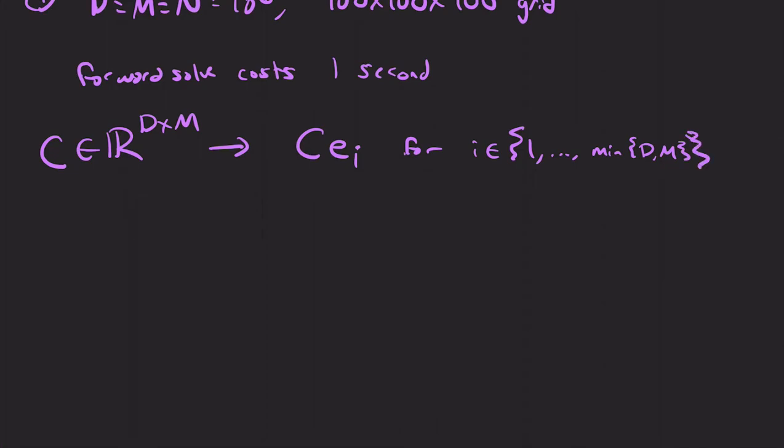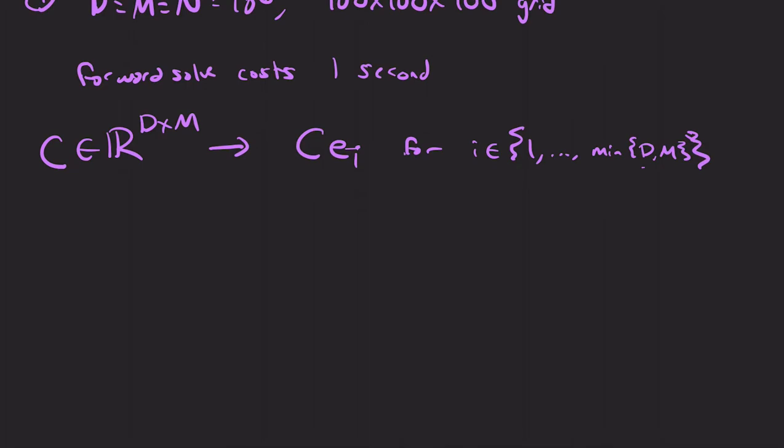Because let's say that M was greater than D, you can compute C transpose and then just directly get it.